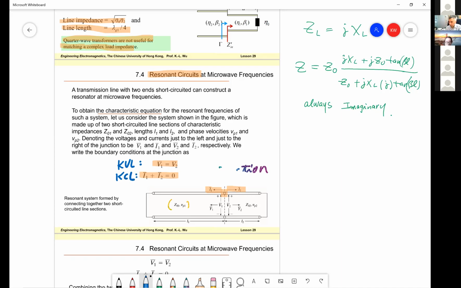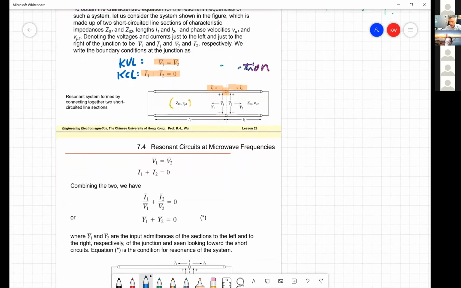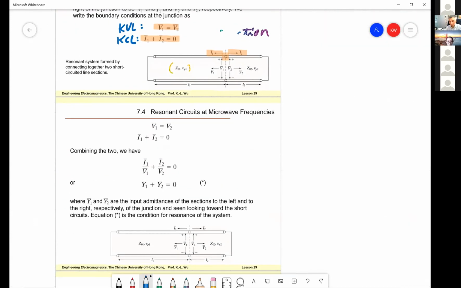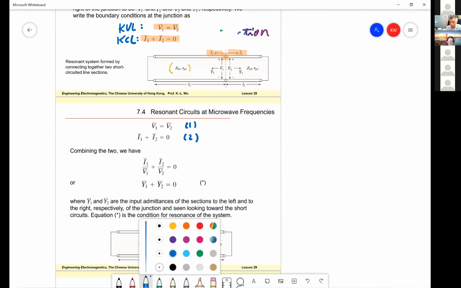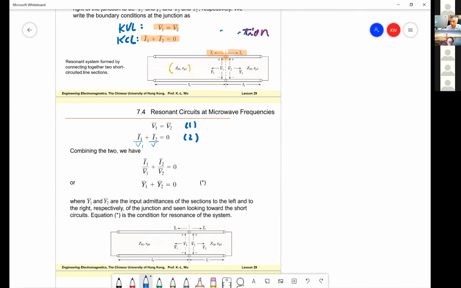Now, if this is the first equation and the second equation, we divide the second equation by the first equation, so that means V1, and also because V1 equals V2, I change this V1 to V2. So we have this equation.